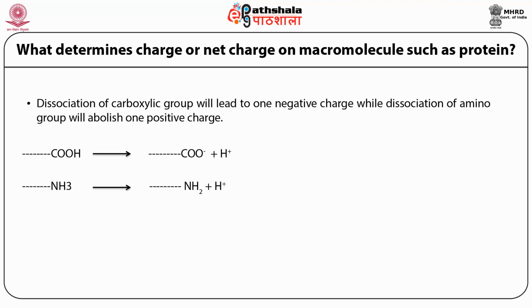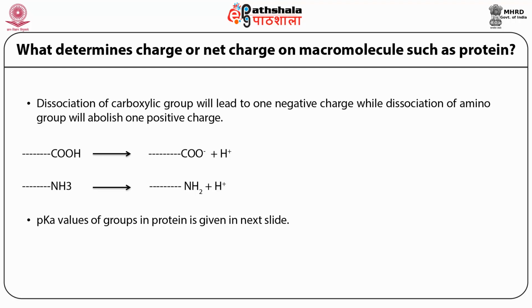While in case of the amino group, on dissociation, it loses one positive charge. So it should be remembered that when we are talking about the dissociation of amino group in protein, like in case of the alpha amino group or N-terminal amino group or amino group from the lysine, then on dissociation it will reduce one positive charge, and pK values of these groups which are present in the R in amino acids are given in the next table.